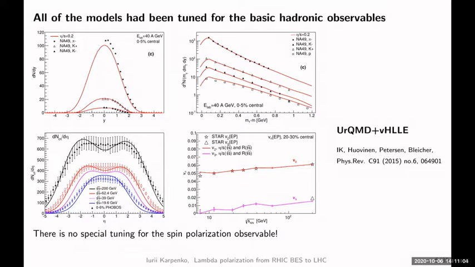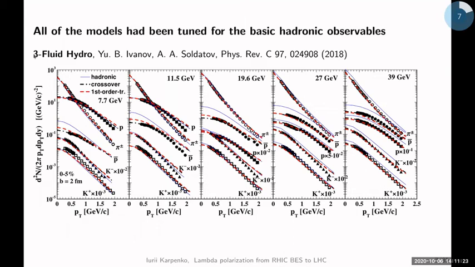And here I show, let's say, the sample result from the UrQMD plus vHLLE model. So you can see that first of all, you basically tune the model to reproduce the rapidity distributions, the elliptic flow, and then you look at the polarization. The other example comes from the 3-fluid hydro model by Ivanov. So that's the last bullet point from the list of models from 2 slides before.